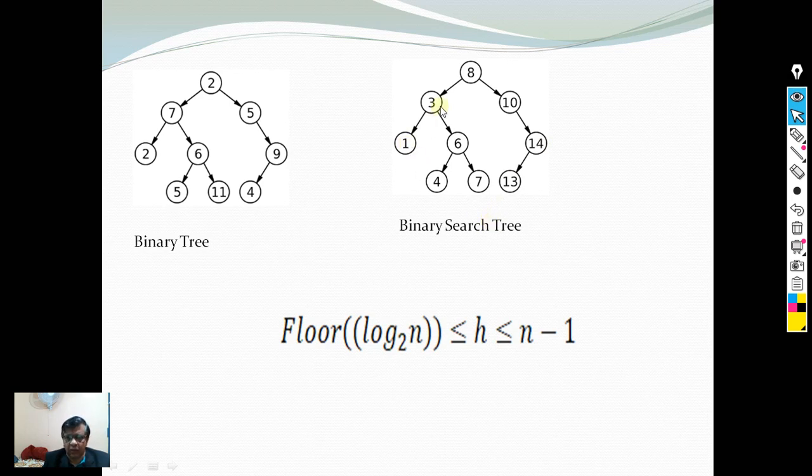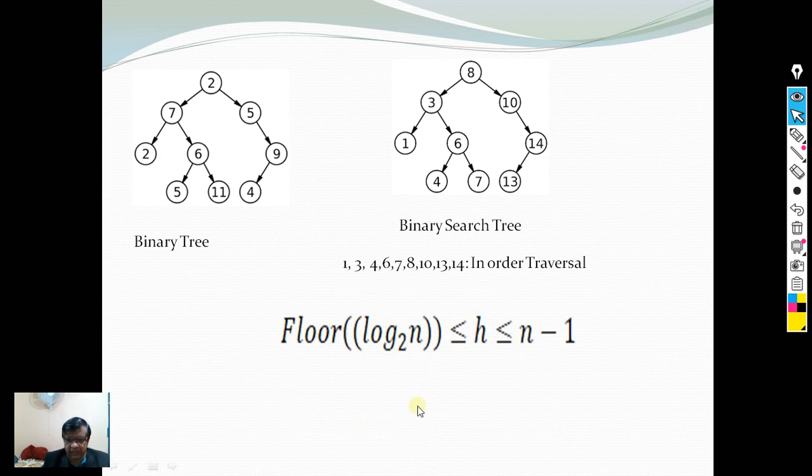It generates the nodal values arranged in ascending order. So a binary search tree is of immense help in algorithmic circles. We will come to know various applications of binary search trees and binary trees whenever we take up that discussion.